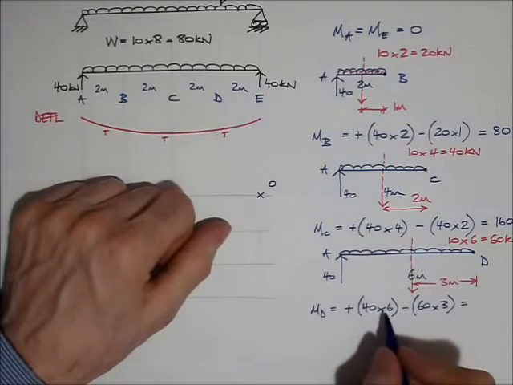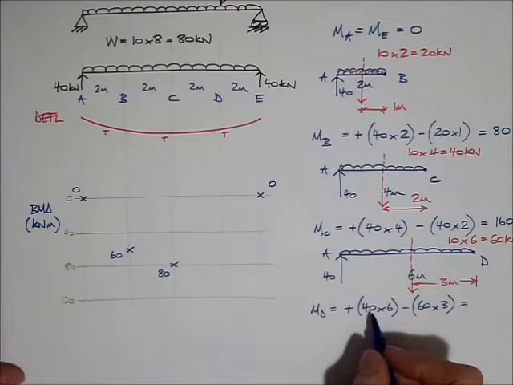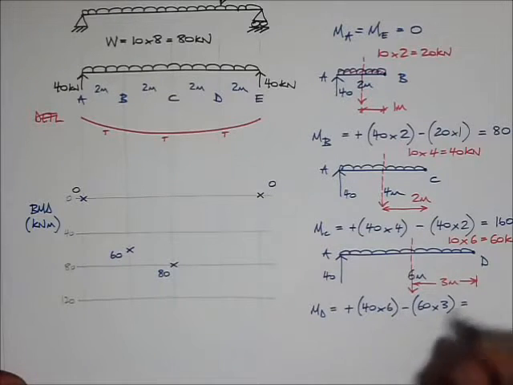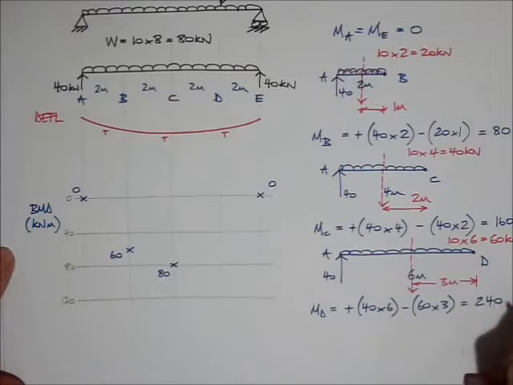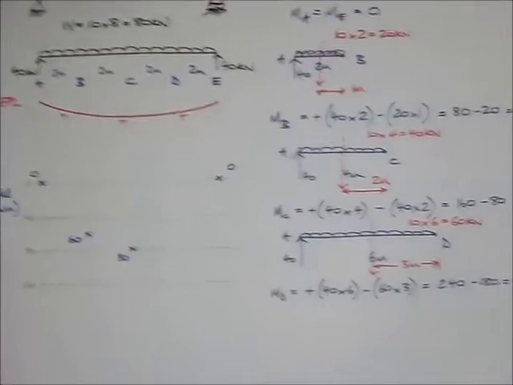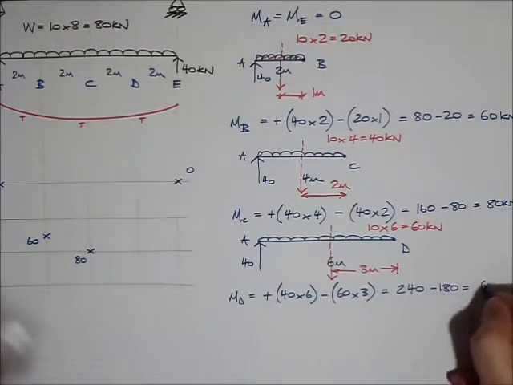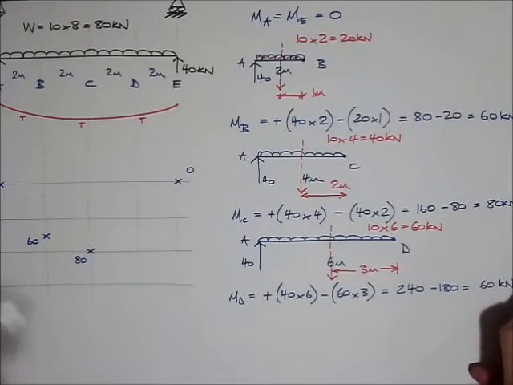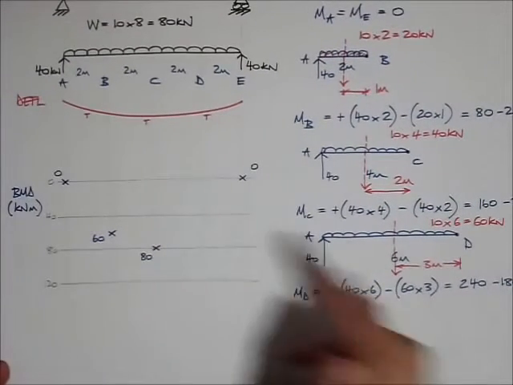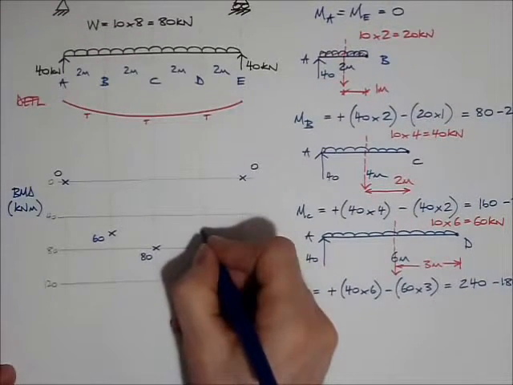And so the whole thing adds up to 6 40s are 240, and 3 60s are 180, equals, what does that add up to? That adds up to 60 kilonewton meters. So let's add this onto my bending moment diagram now: 60 kilonewton meters.